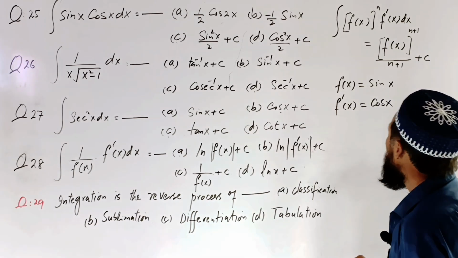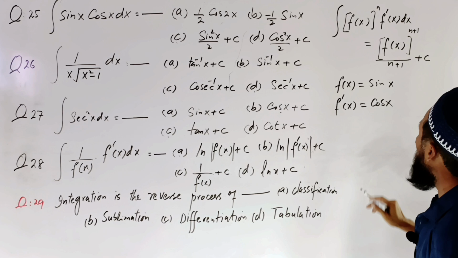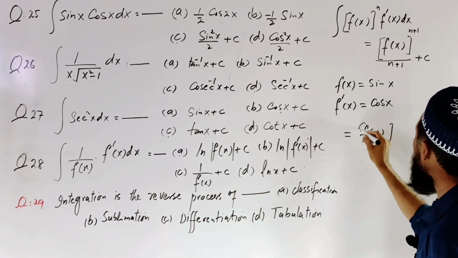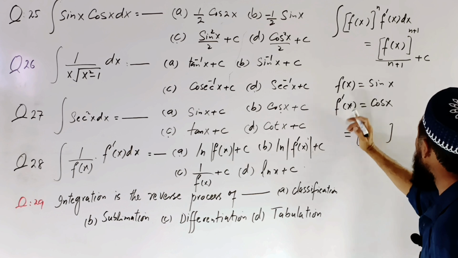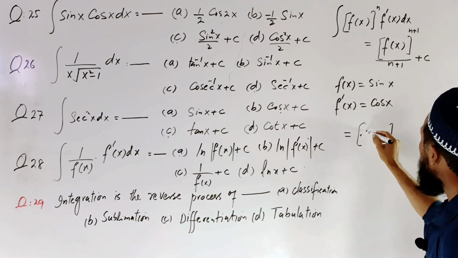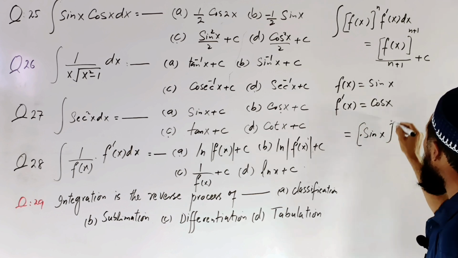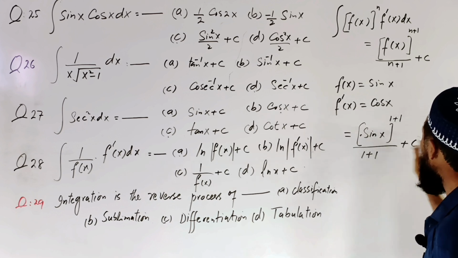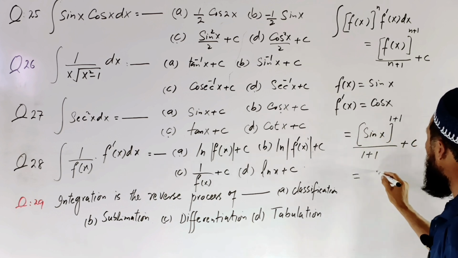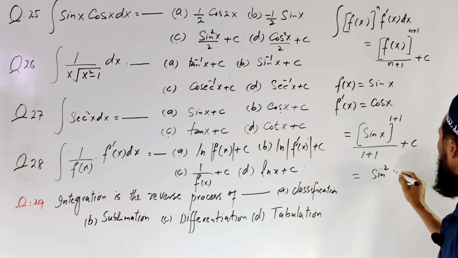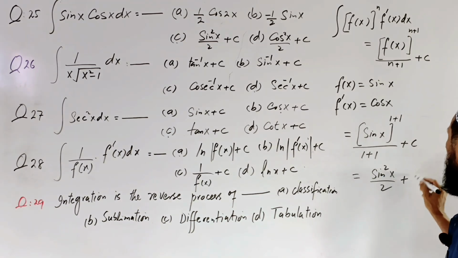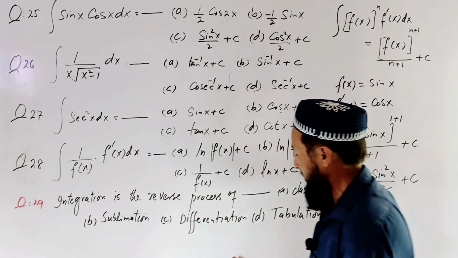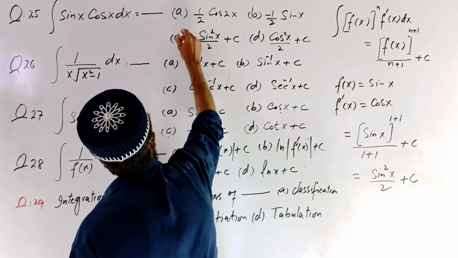So we use this formula: f of x whole power n, where f of x is sin x, so sin x whole power 1 plus 1 divided by 1 plus 1, plus c. So we get here sin x square divided by 2 plus c. Now we check the options. Option C is the correct option.